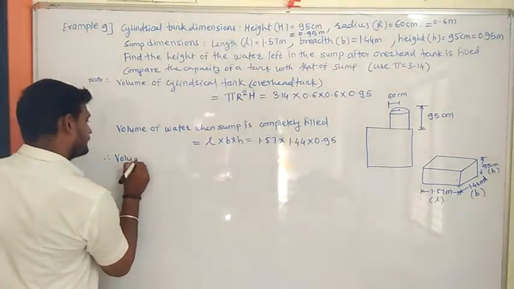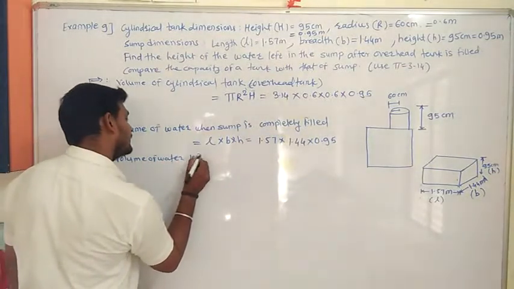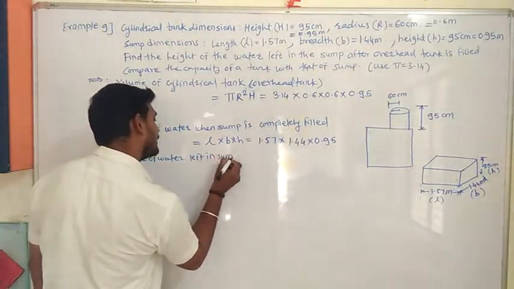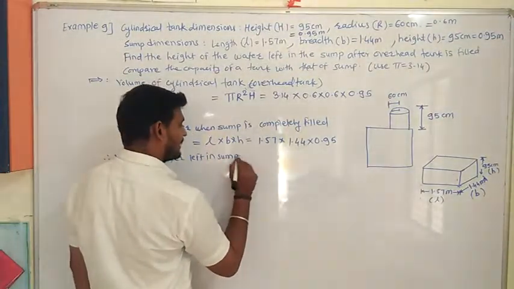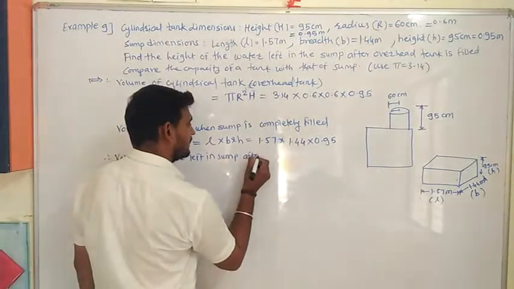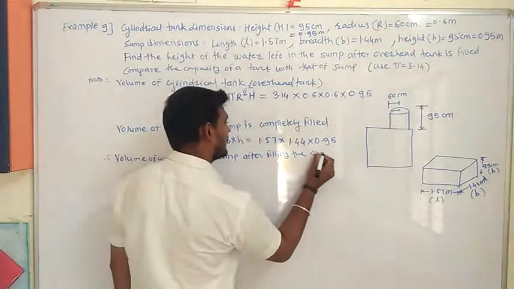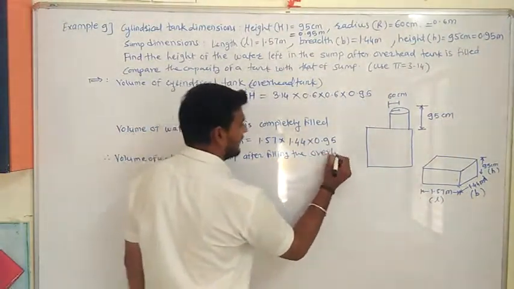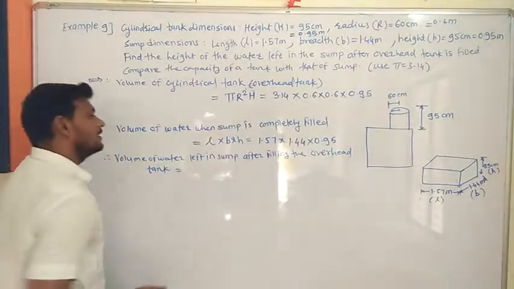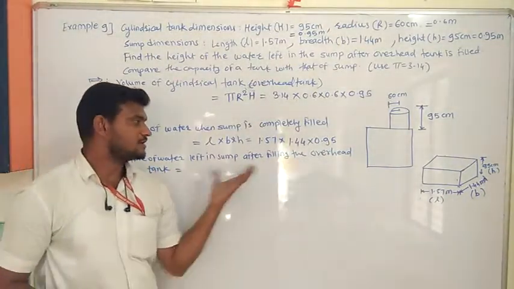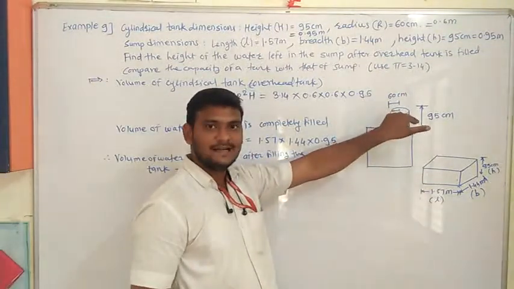Therefore, volume of water left in the sump after filling the overhead tank is equal to, how much volume of water will be left in the sump after filling the cylindrical tank?